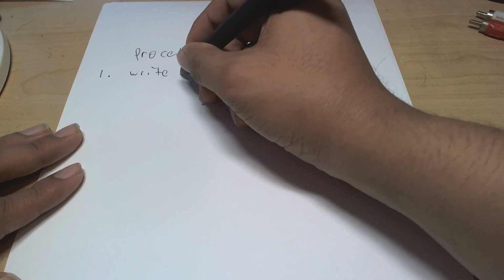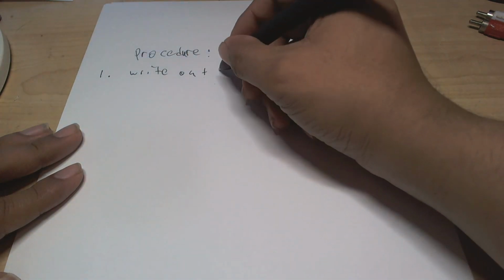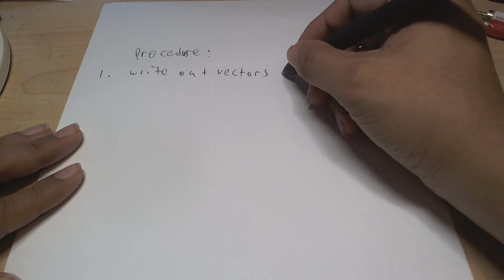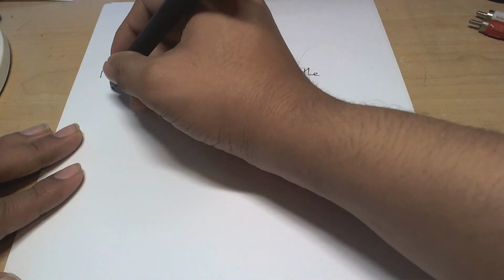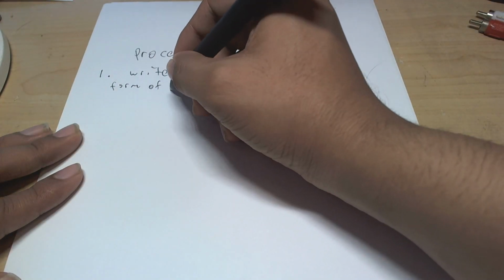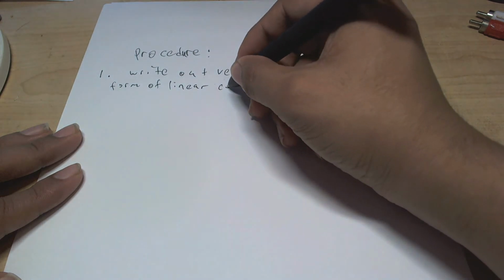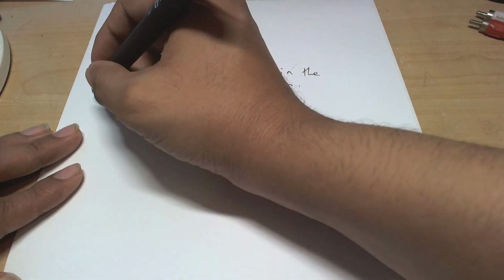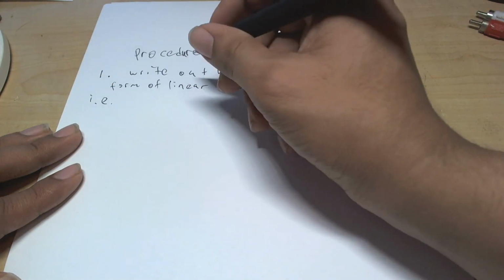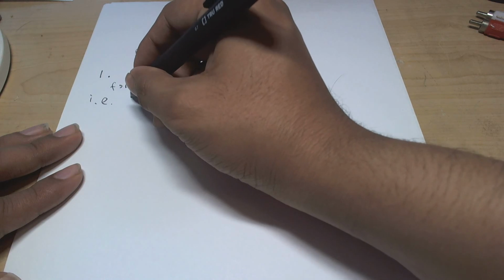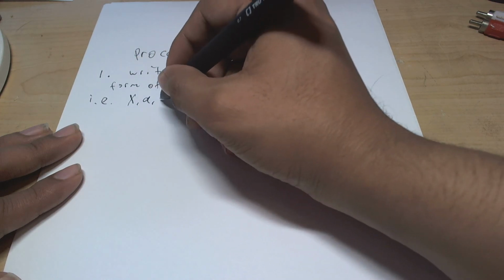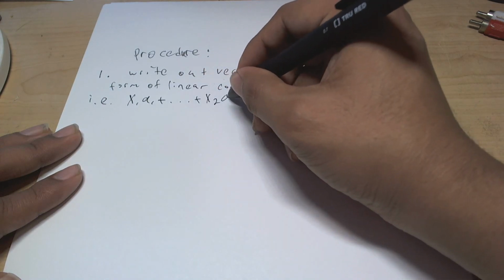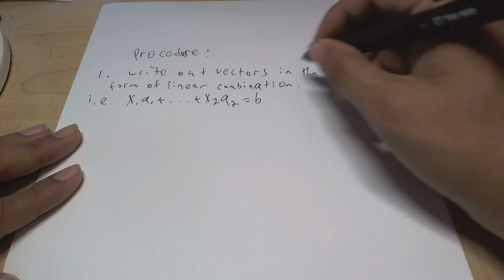Write out vectors in the form of a linear combination, in other words, x sub 1 a sub 1 plus dot dot dot plus x sub 2 a sub 2 equals b.